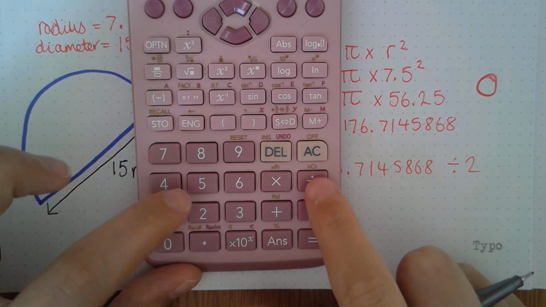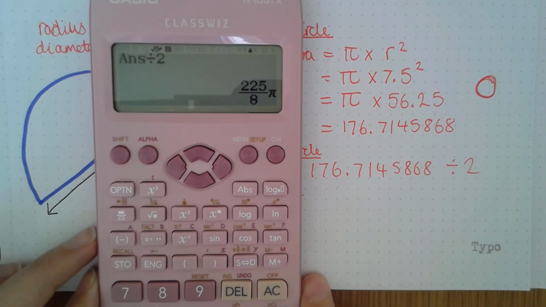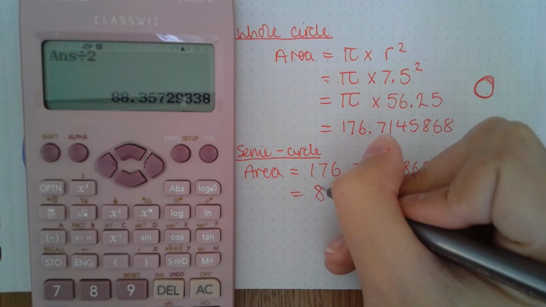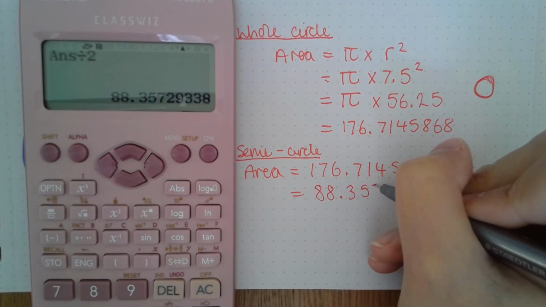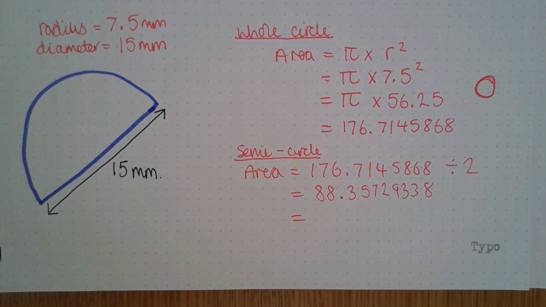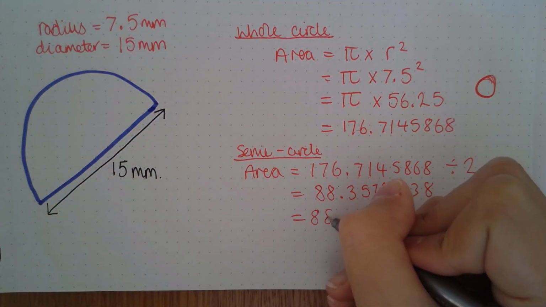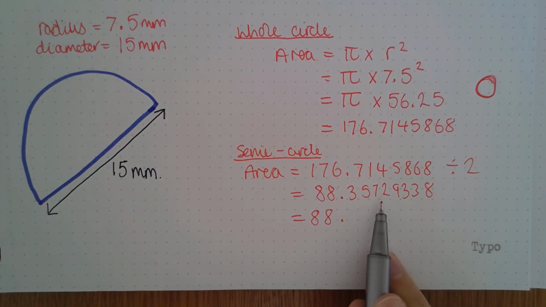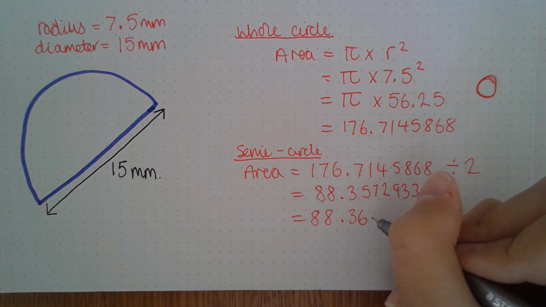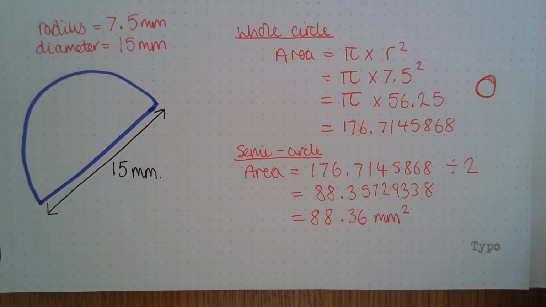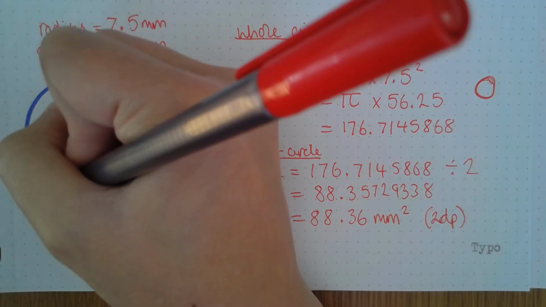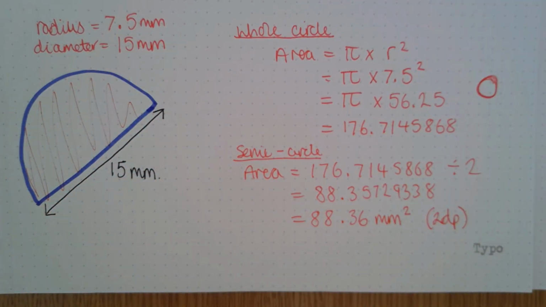So you can just press answer divided by 2 equals fraction and pi, so S to D button, 88.35729338. Then we want some units and 2 decimal places. So to 2 decimal places, the 7 makes the 5 round up to a 6. Our units are millimeters squared. Okay, and that's to 2 decimal places. And that is just the space inside that shape.